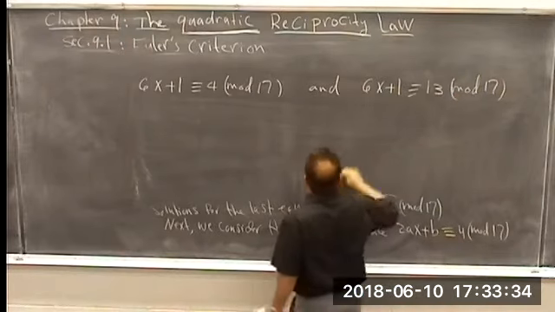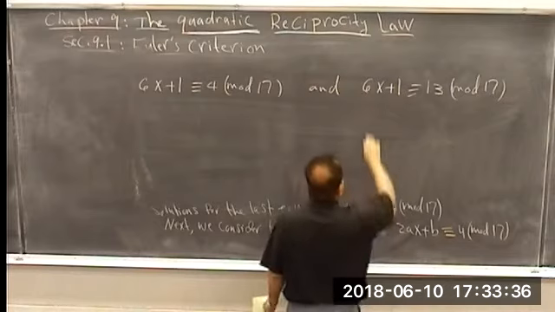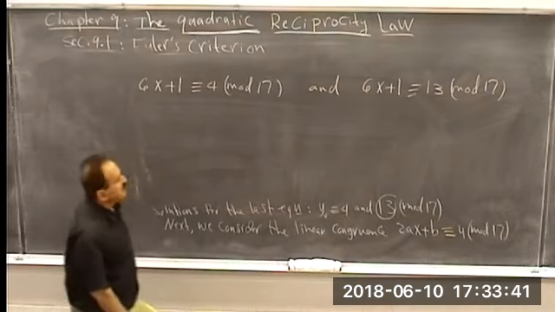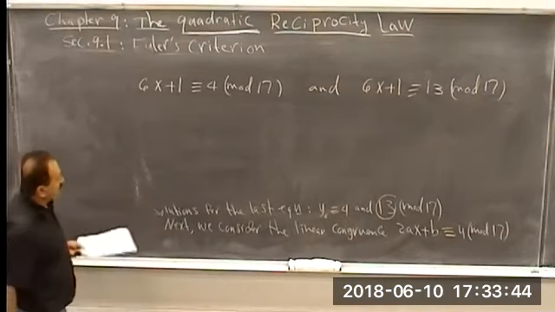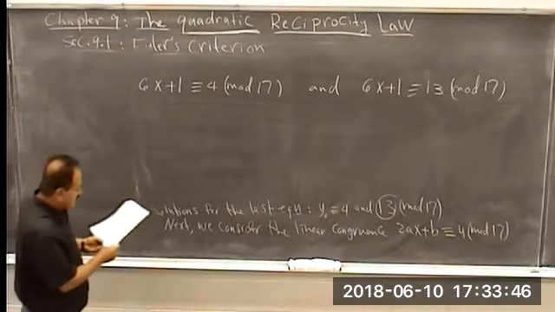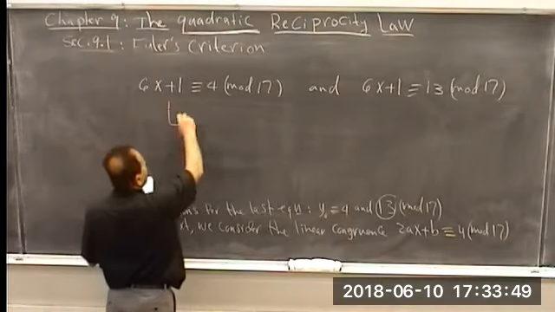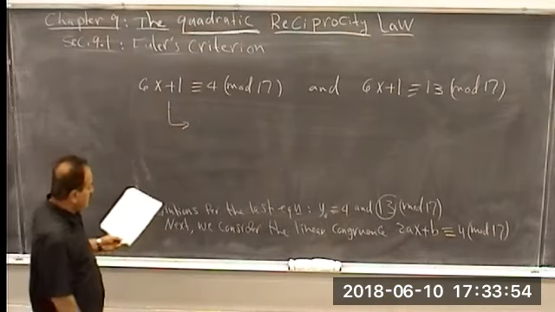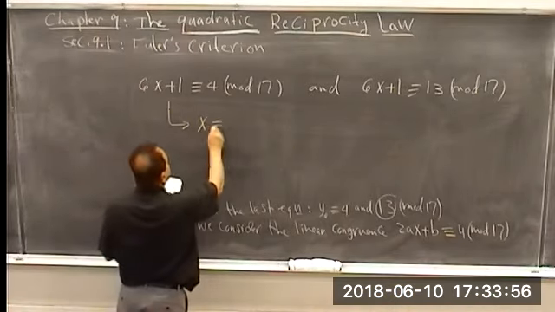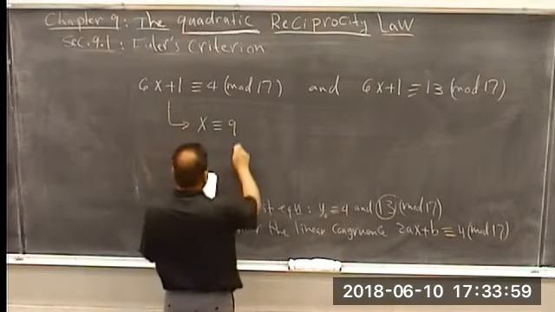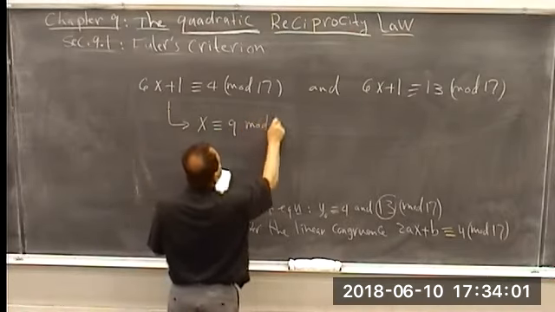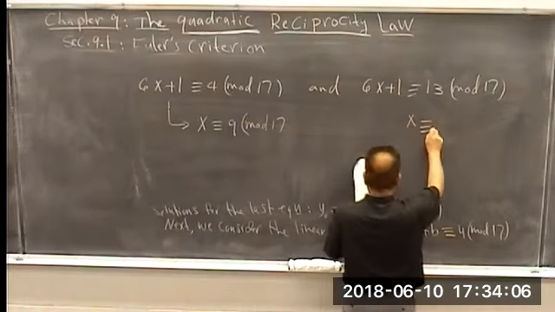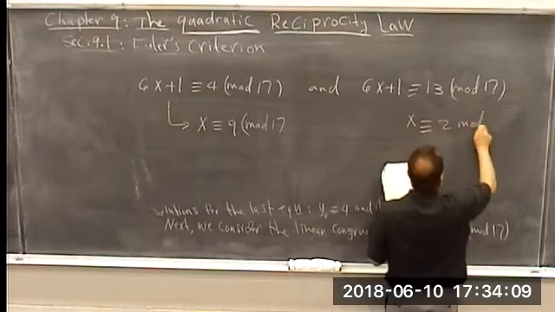It's not very hard to see that each of these has a solution, because the greatest common divisor of 6 and 17 is 1, so we have a unique solution for each. For the solutions, we could apply the methods we learned earlier, or just use trial and error. At this stage, the solution for the first is 9 mod 17, and the solution for the second is congruent to 2 mod 17.